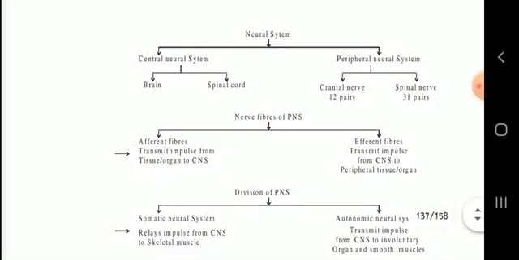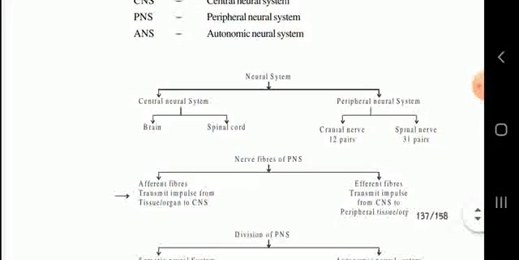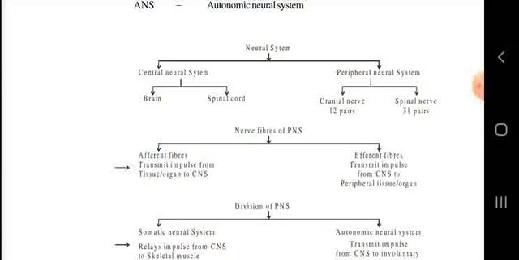Next, nerve fibers of the PNS. Afferent fibers transmit impulses from tissues and organs to the CNS, so information is transported to our brain. Next, efferent fibers transmit impulses from the CNS to different peripheral tissues.